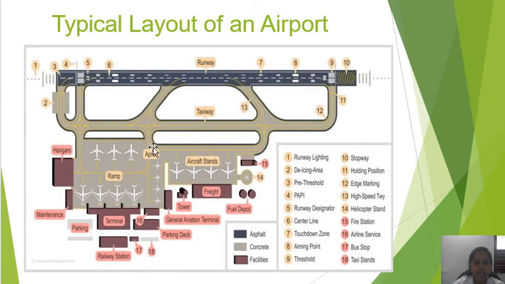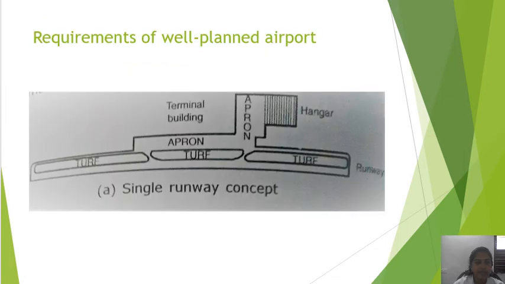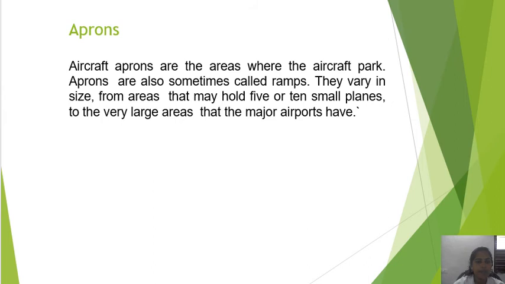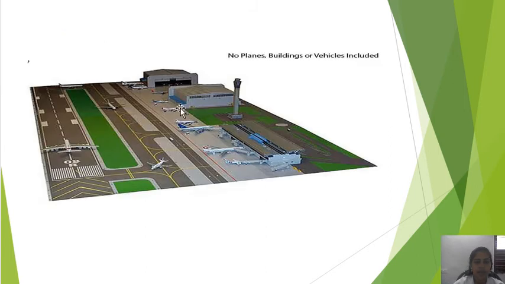So this apron is the parking area of the aircraft. So terminal building, apron, parking, no planes or vehicles is included. So this is the parking area of the apron.